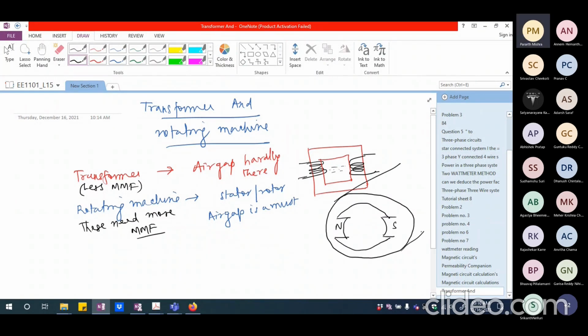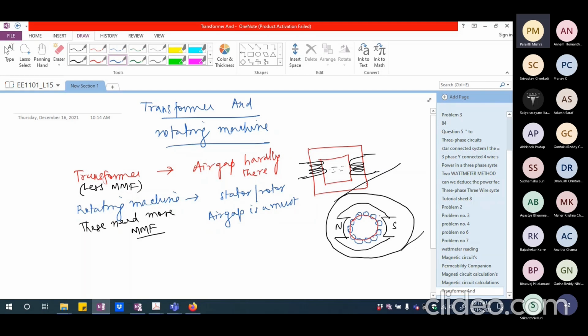Now I'm going to have the rotor sitting in between these two. This is the rotor, and I'm going to insert the windings at the outer periphery. So this is how the windings are inserted.